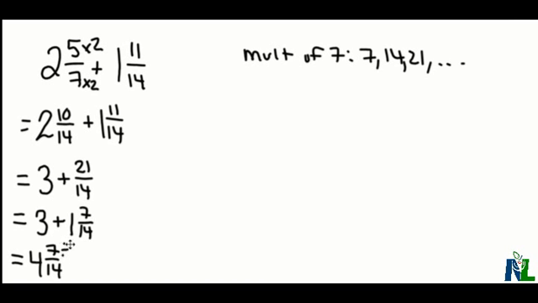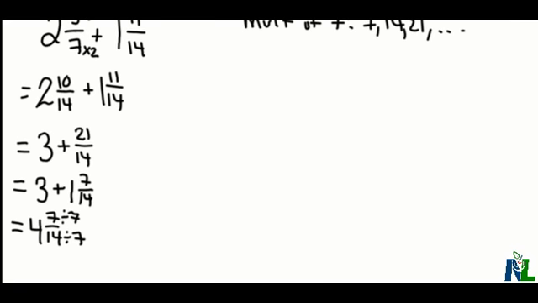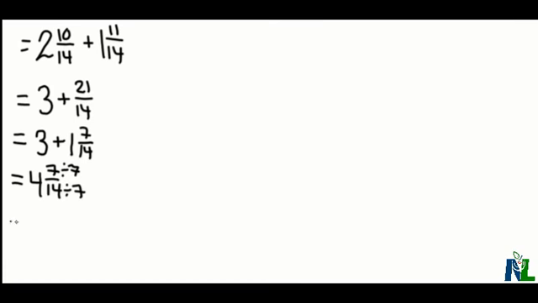So we need to divide both numbers by a common factor, which is 7. So when you reduce that fraction, you end up with 4 whole ones and 1/2. And that is your final answer.